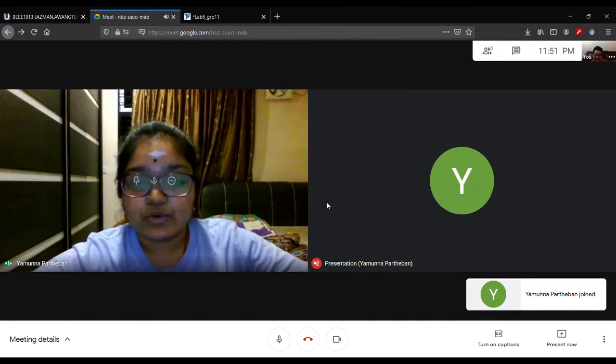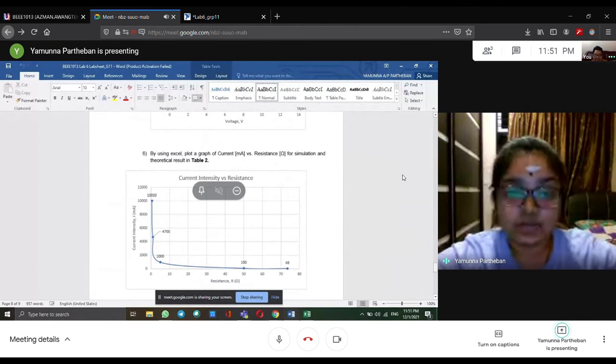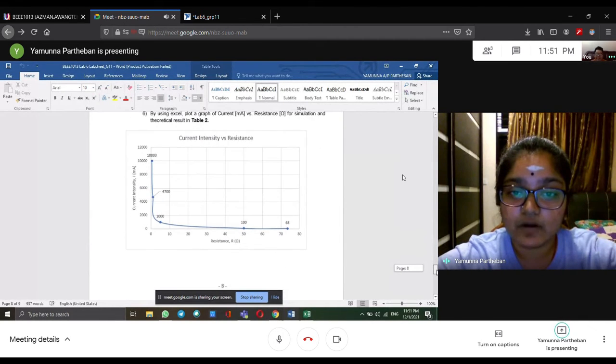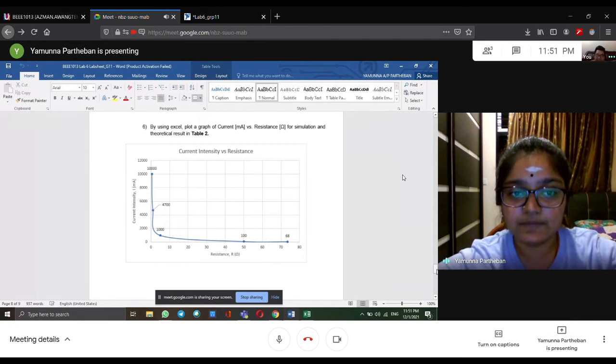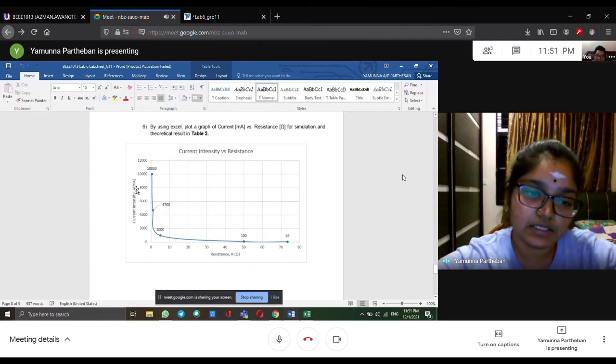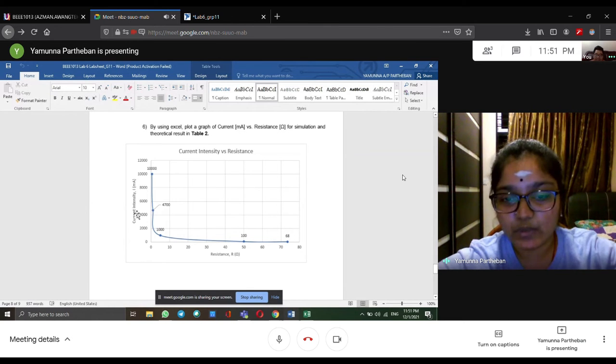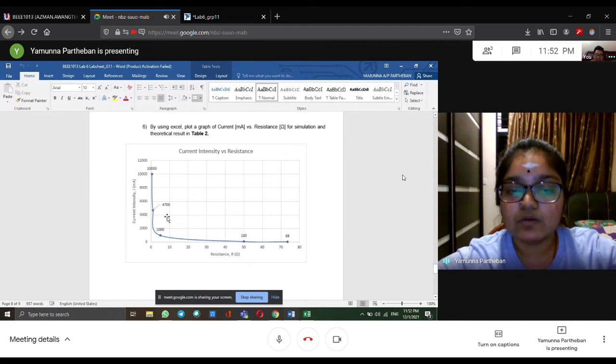Yeah. So for question number 6, we use Microsoft Excel to plot a graph of current versus resistance. This is the resistance on the x-axis and the current intensity on the y-axis, where the measured value and the theoretical value of the current intensity are similar.